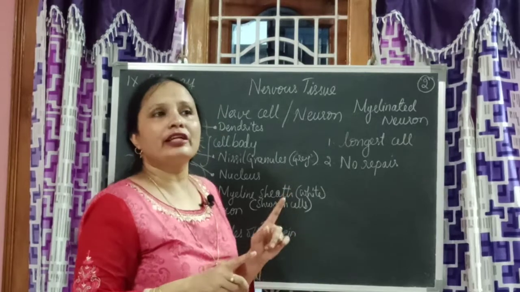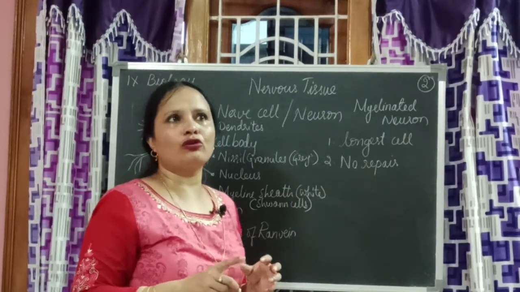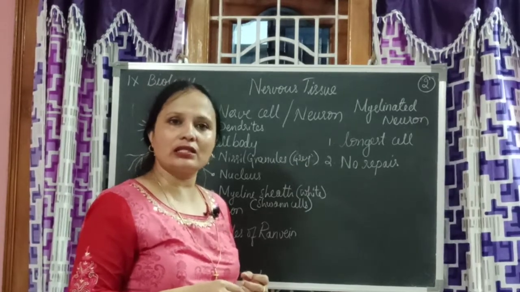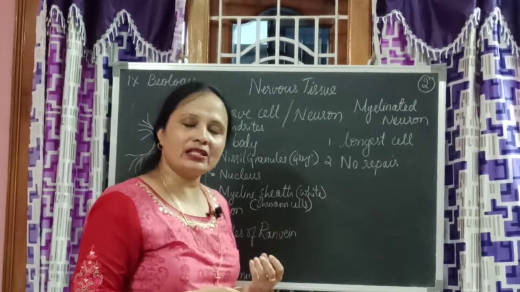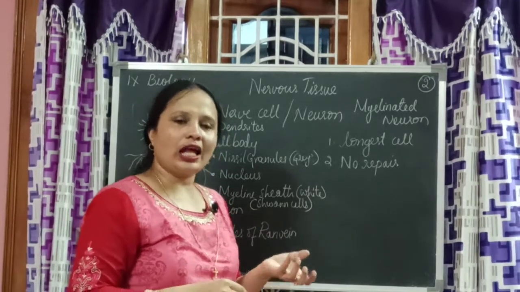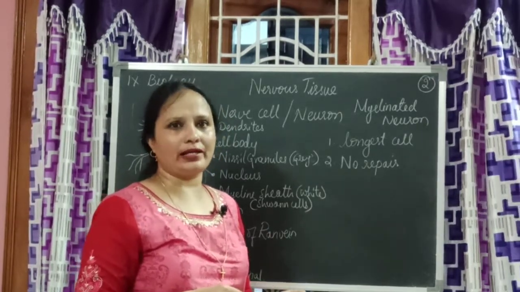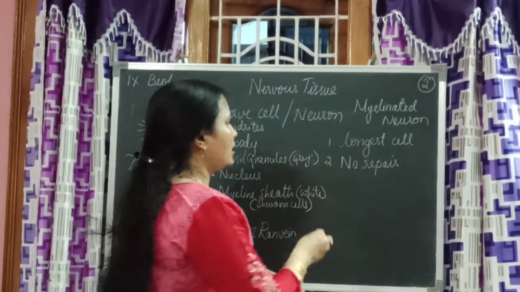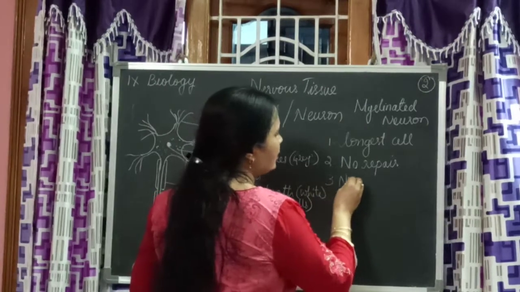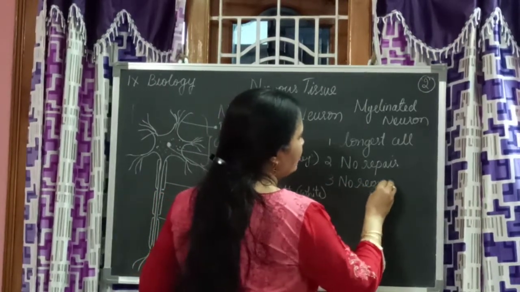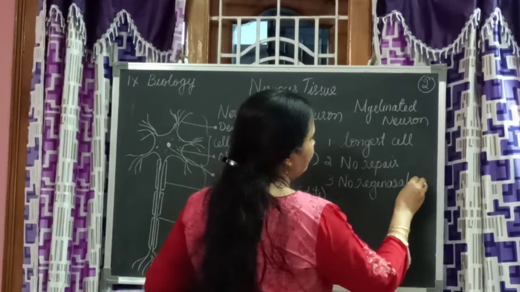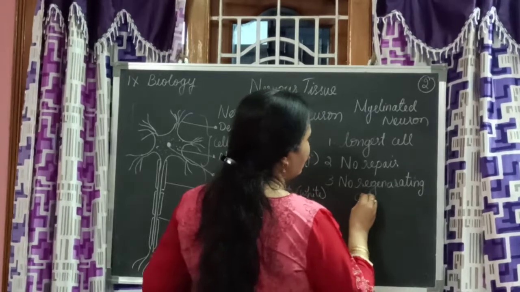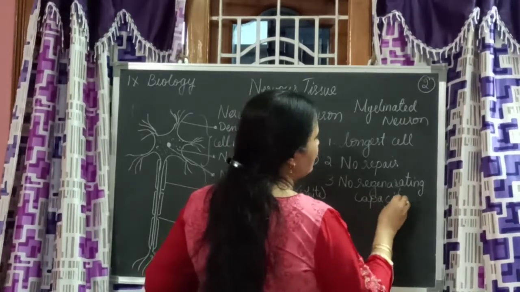That's why if in an accident or any major disaster a person loses or damages the nerves, that particular part will be forever paralyzed, because nerves do not have regenerating capacity. No repair, no regenerating capacity. That means once dead is always dead.